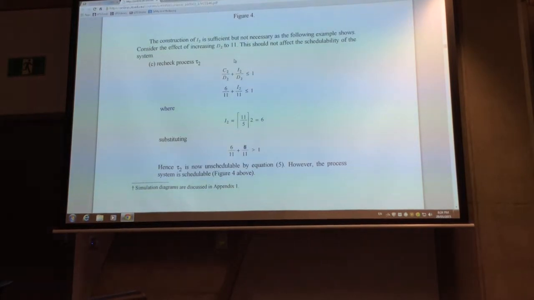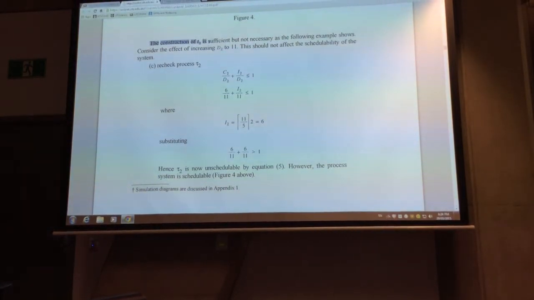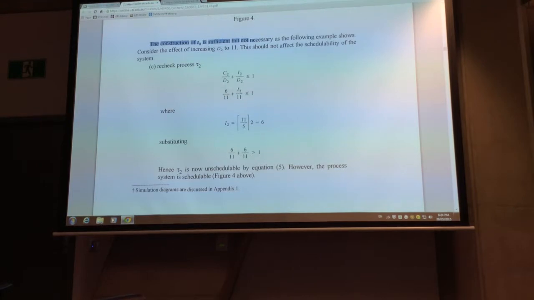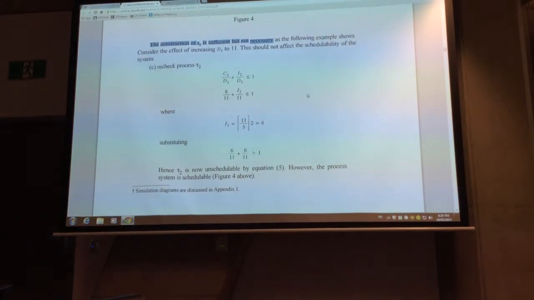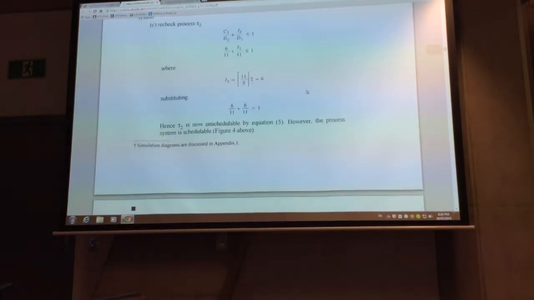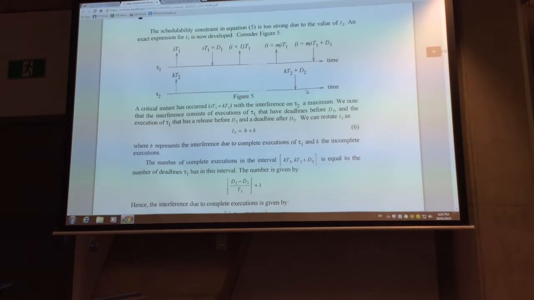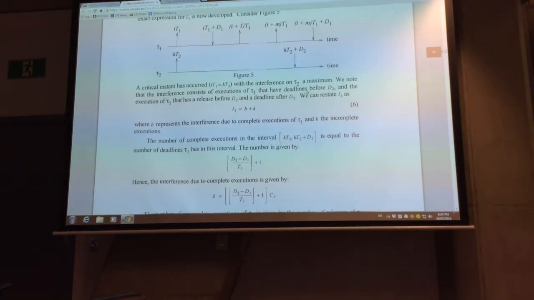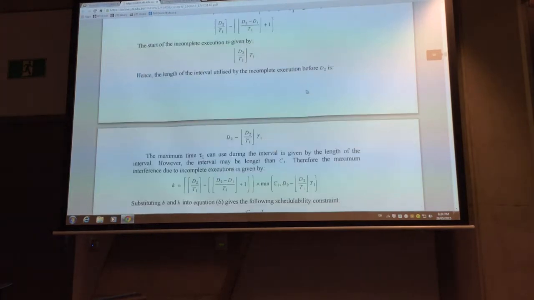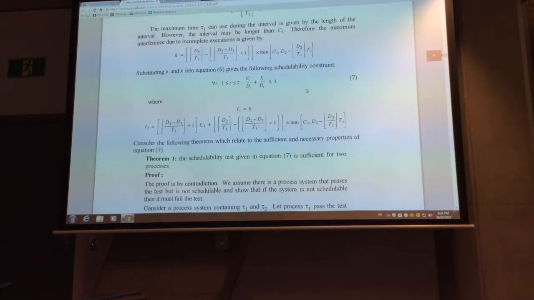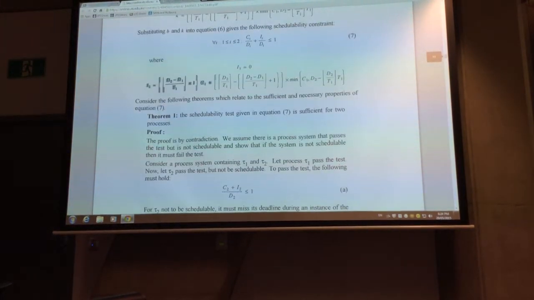It means that his expression for the interference factor for task 2 is not quite right. It's sufficient but not necessary. So what he does is he goes back to the drawing board and has a closer look at the nature of the modelling of the interference factor. And after a couple more pages of grunting and swearing, he comes up with this.